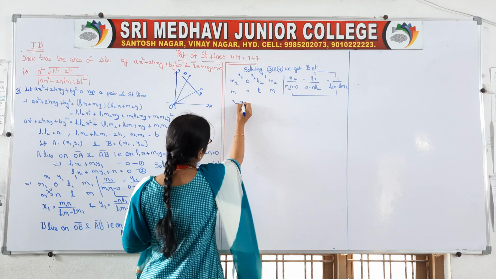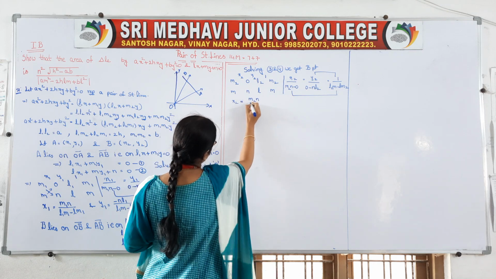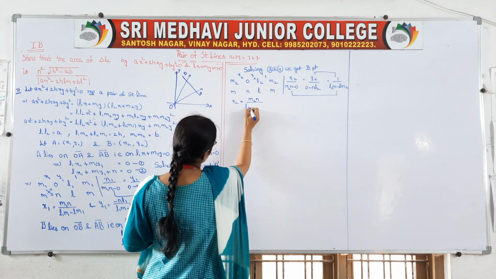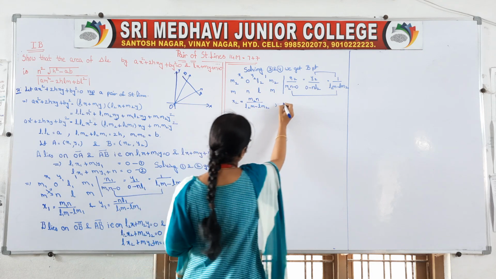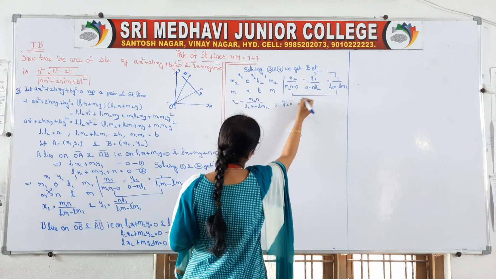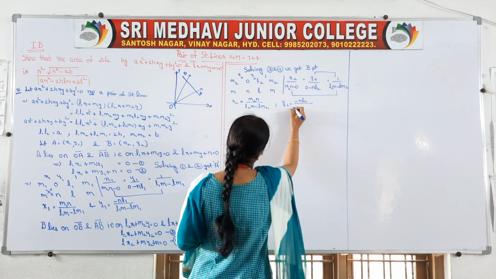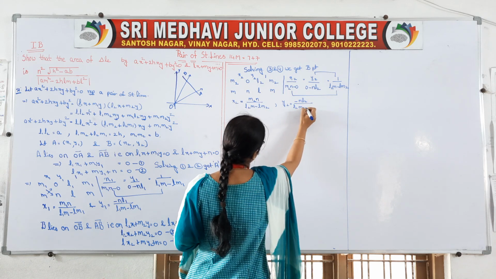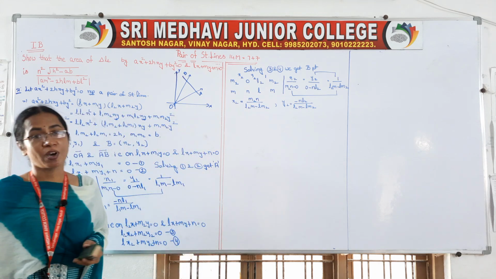So x2 is equal to, what is the value? m2n divided by L2m minus Lm2. Similarly, y2 is equal to minus nL2 by L2m minus Lm2. We got our B point.